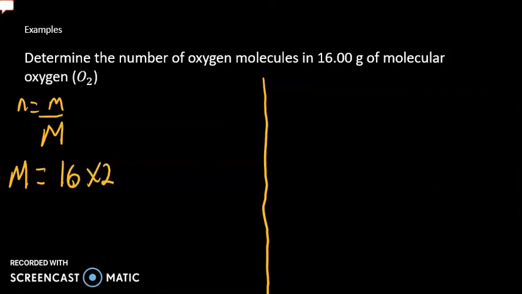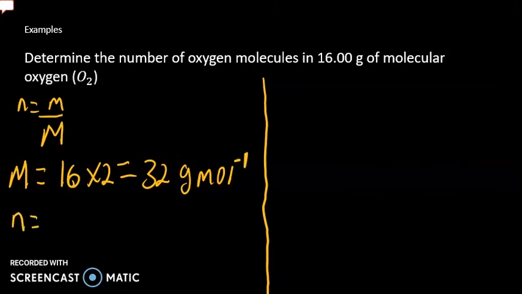But times 2, since there are 2 oxygens here, we have to multiply by 2 in order to get 32 gram per mole. So now we can easily find our n, which is the mole. To find the mole, we divide 16 by 32, which is 0.5 mole.